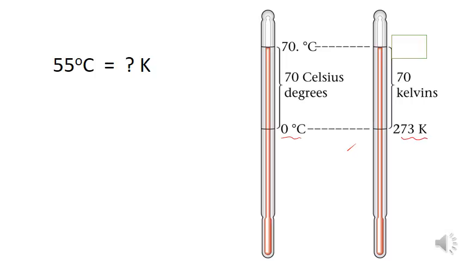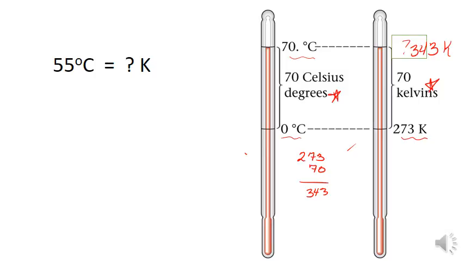If something was 70 degrees Celsius, what would it be? You'd simply add 273. So 273 plus 70, that's 343 Kelvin. A direct shift. For every 70 degrees Celsius, we have a shift of 70 kelvins.